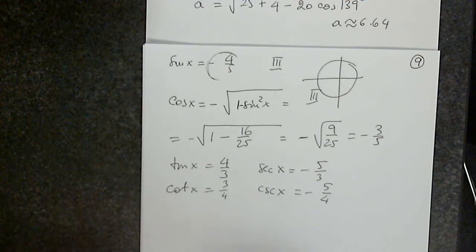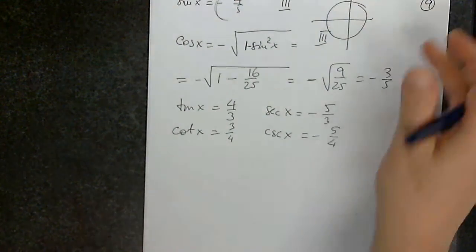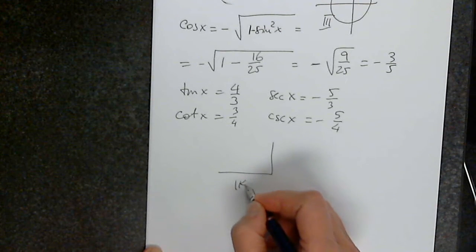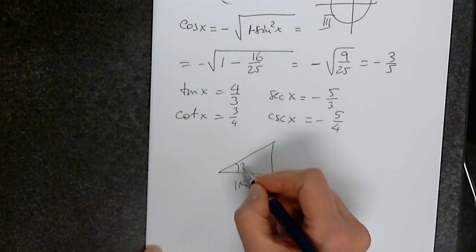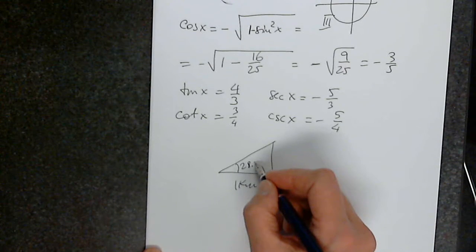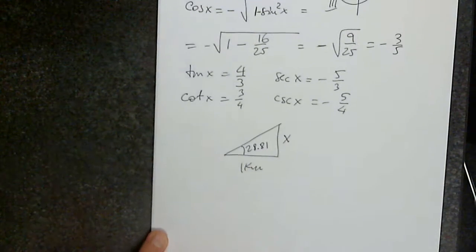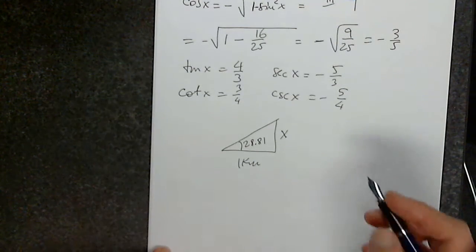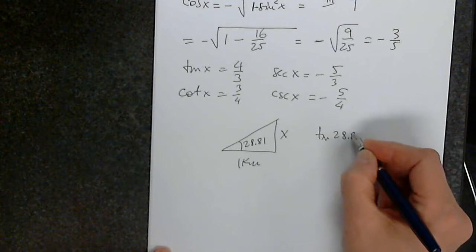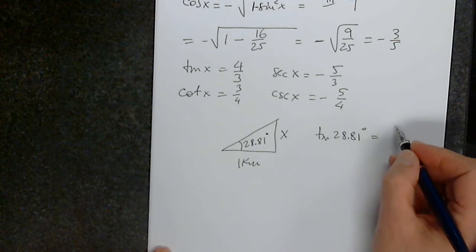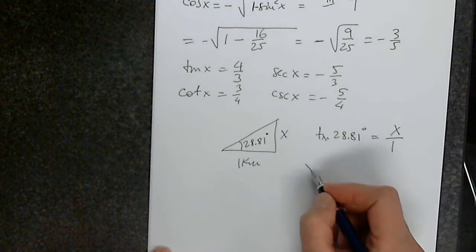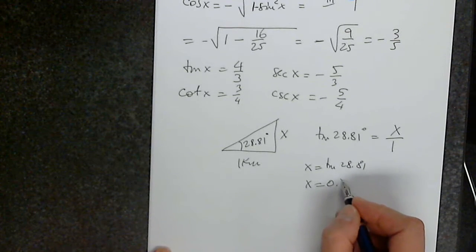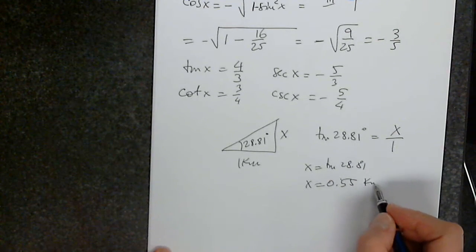So we know that this is 1 kilometer, and this here is 28.81, and we're asked to find x. Which function will I use? Tangent, right? So tangent 28.81 degrees equals x over 1, or x equals tangent 28.81, and we got, I remember, 0.55, I think, kilometers.